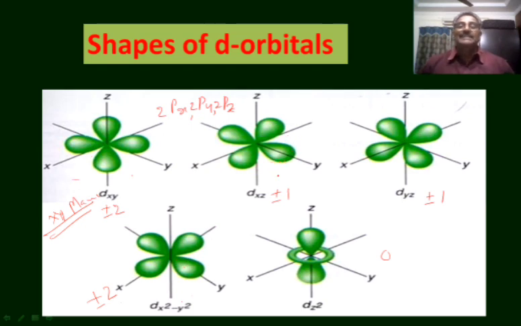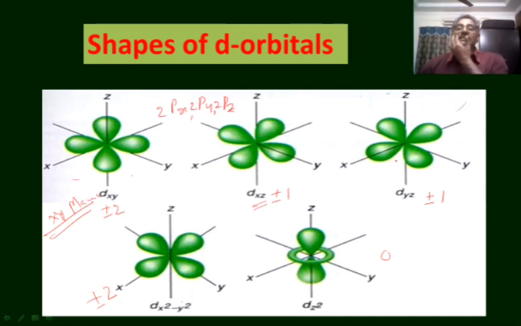In the case of the dxz orbital also, the lobes are in between the axes, the x-axis and z-axis. In the dyz orbital also, the lobes are oriented in between the y-axis and z-axis.